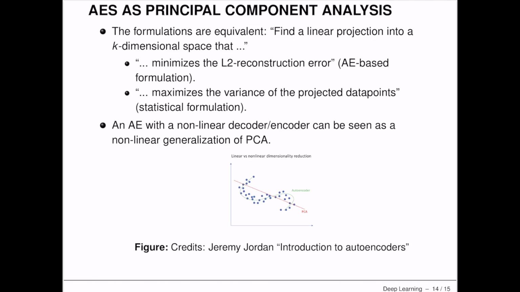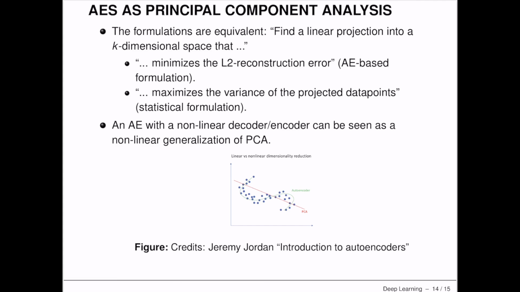Find a linear projection into a k-dimensional space that minimizes the L2 reconstruction error, as we have it for an autoencoder with a linear encoder and a linear decoder, and maximizing the variance of the projected data points, which we have in the statistical formulation of PCA.